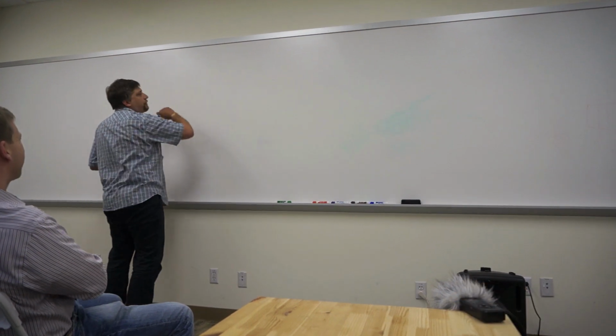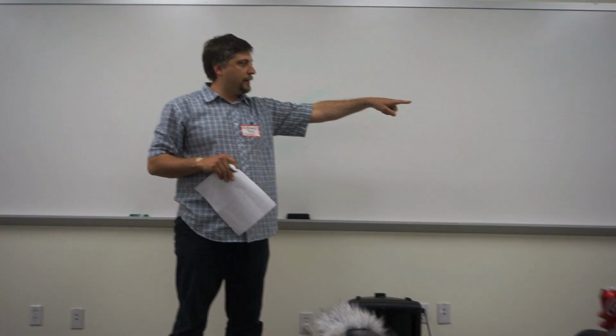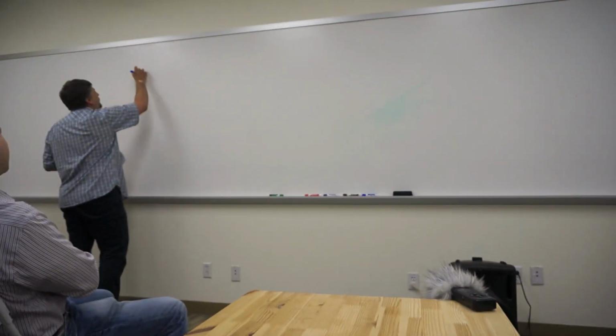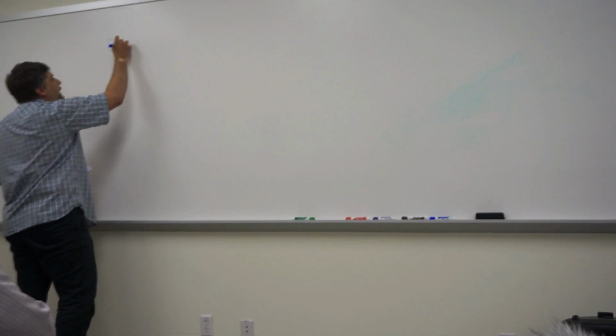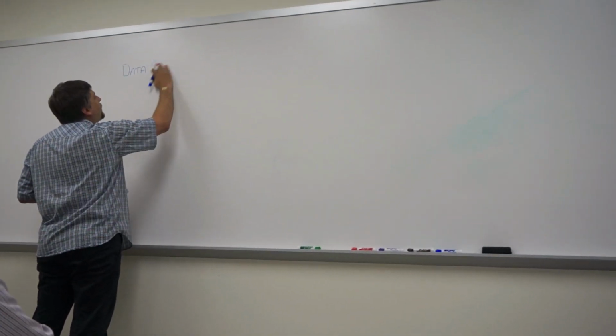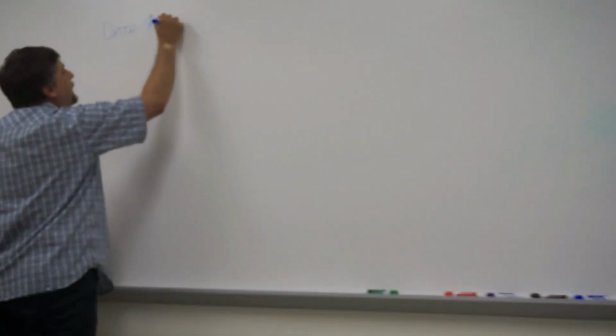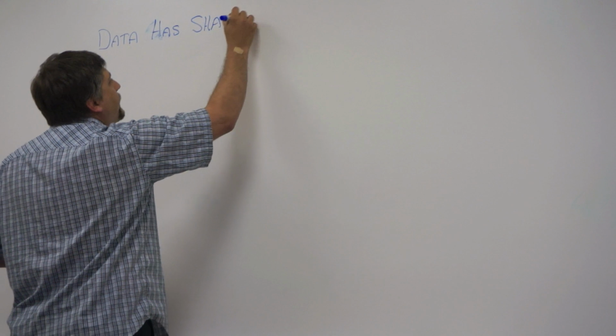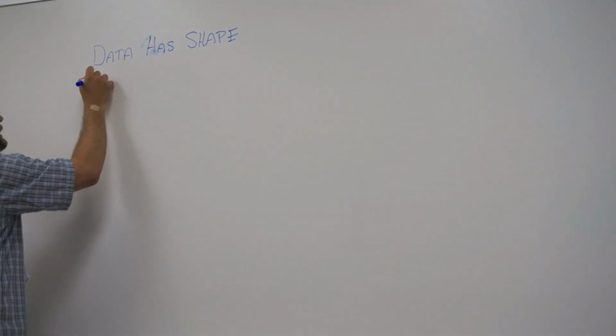All right, so here we have our company's subhead: discover what you don't know. And on the technical side, I think we have a slightly different saying, which is that, if you remember one thing from what I say, it should be this: data has shape, and shape has meaning.